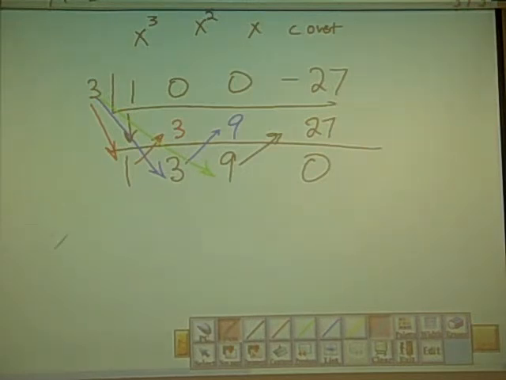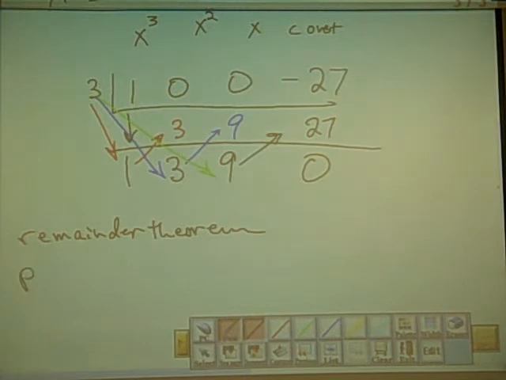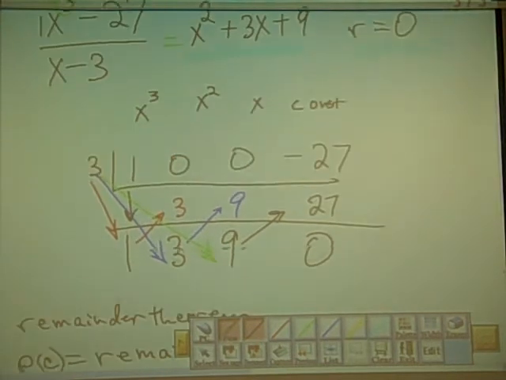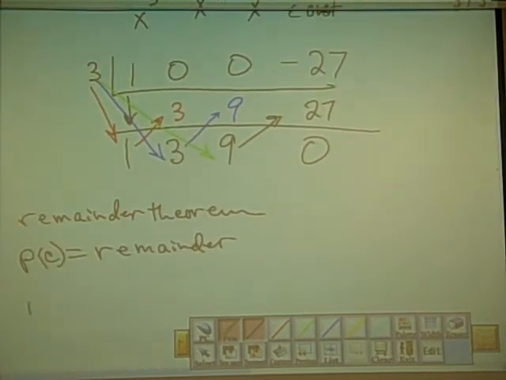So if we wanted to check using the remainder, the remainder theorem basically states that P of c equals our remainder. So if we were to plug in P of, in this case, c would be 3, into our polynomial x cubed minus 27, we should get 0 out.